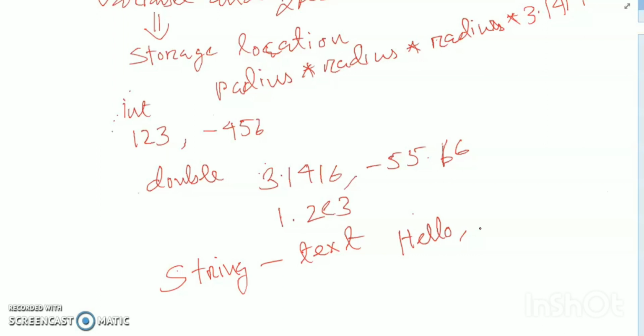So int sum declares an int variable named sum. Double average declares a double variable named average. String message declares a string variable with the variable name message.